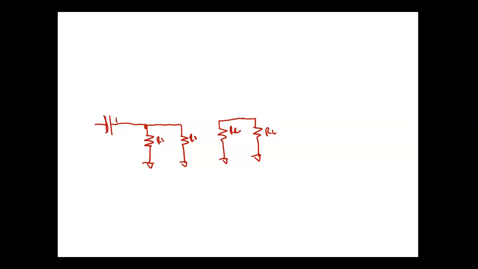Your output is generated at the collector, so your output is relative to the collector. You understand? Your input sees R1 in parallel with R2. It actually sees this guy here, which is going to be RE times beta. Normally we ignore RE. So I've got a 10K resistor, and this is a 100K resistor.